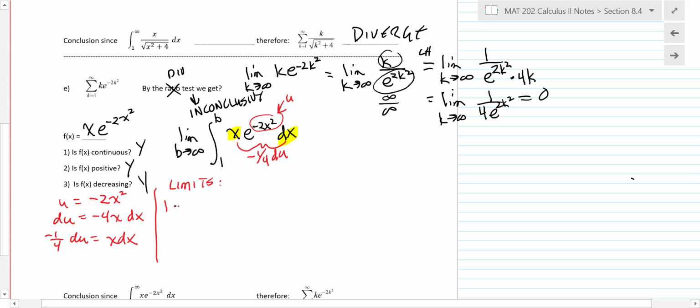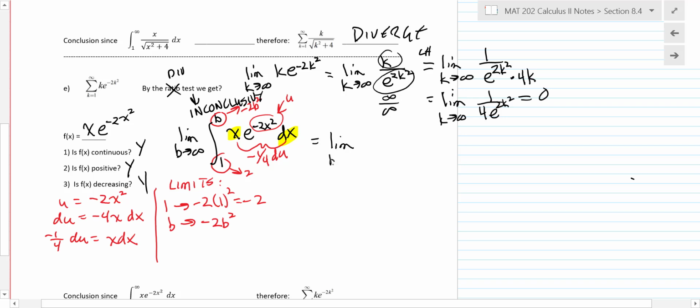Start with the 1. That's going to be negative 2 times 1 to the second, so that's negative 2. We're going to go to b, so the b is going to be negative 2b to the second. So we're going to change that limit to negative 2, and we're going to change that limit to negative 2b to the second. All right, so let's see where this leads us.